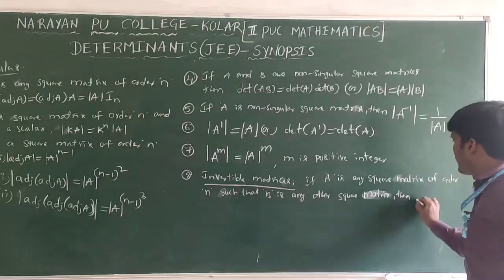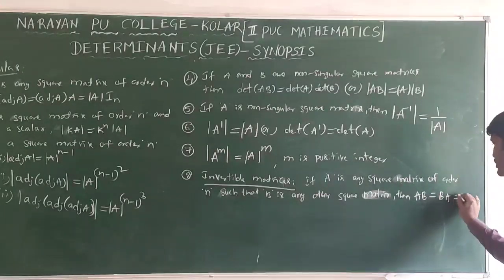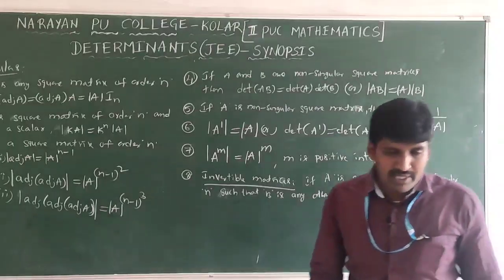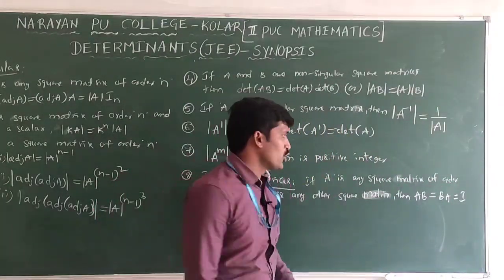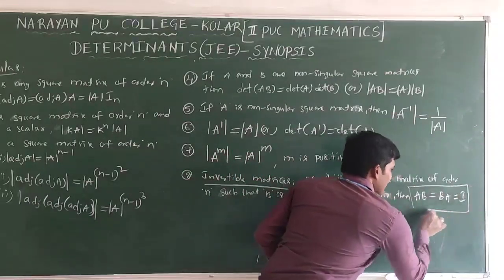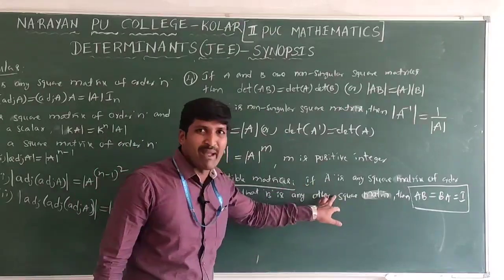Then AB equal to BA equal to I. A into B, or B into A, both give the identity matrix. Then this B matrix is the inverse of A matrix.